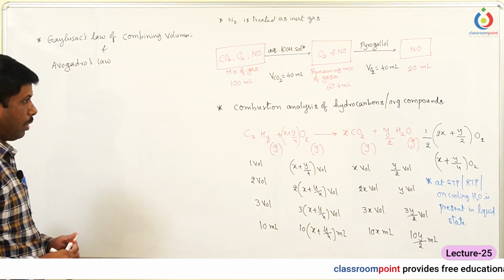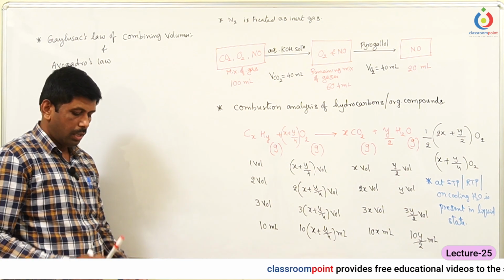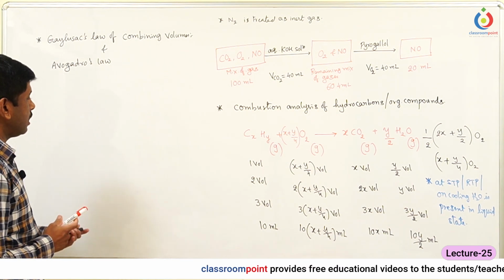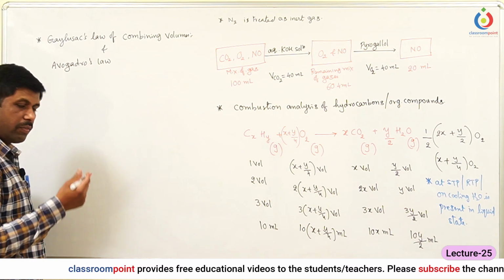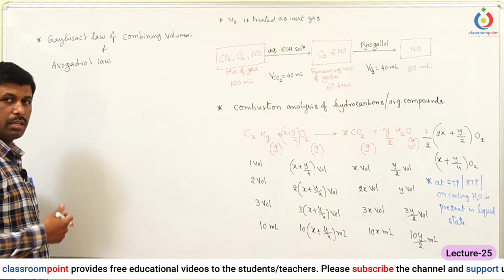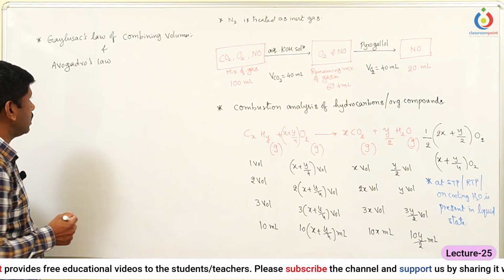So based on these two also we are going to do these stoichiometric calculations. So let us see what those Gay-Lussac's law of combining volumes and Avogadro's law are, that we already discussed in our previous classes. Once again we'll have this small discussion about this.